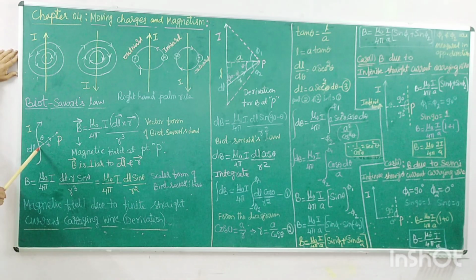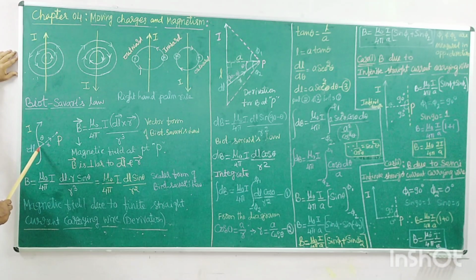At this point, I am considering a length dl, the element, an infinitesimally small element of length. The finite length is L, and dl is the infinitesimal value. This dl is a vector, in the direction of I, but I is not a vector.